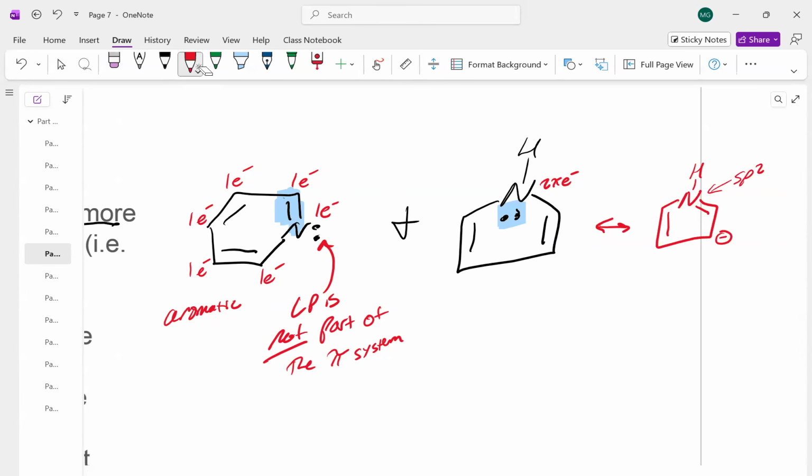And so that lone pair contributes two pi electrons, plus one for each of the carbon atoms, and that's a total of six pi electrons. So here, the lone pair is part of the pi system. And this compound as well is aromatic.